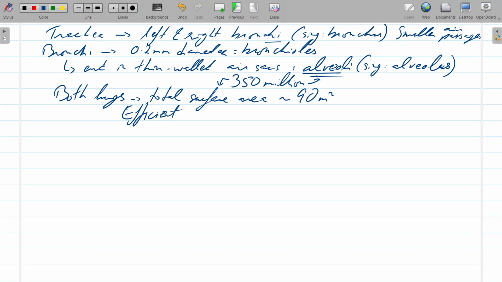The epithelium, which means the cells that make up the wall of the alveolus. We just talked about the large surface area. The epithelium is very thin. So thin walled, the epithelium of the alveoli is only one cell thick.